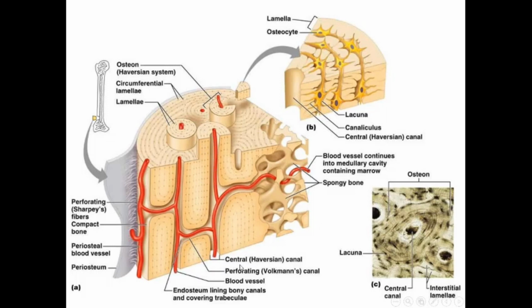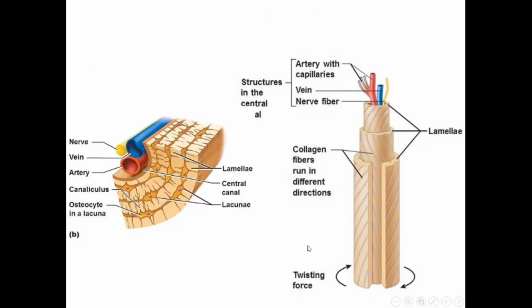Central canal or Haversian canal, Volkmann or transverse or perforating canal. Again, here you can see the layers of the Haversian system. Another name for Haversian system is osteon. Osteon means a unit of the bone.